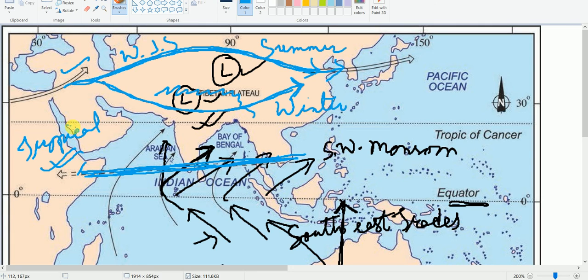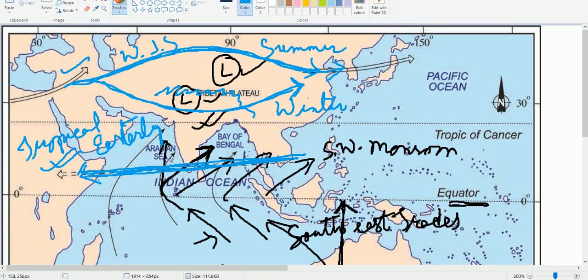Tropical easterly jet stream. We call it easterly because the wind is blowing from the east, and that is why it is the tropical easterly jet stream. So that is the point mentioned here.